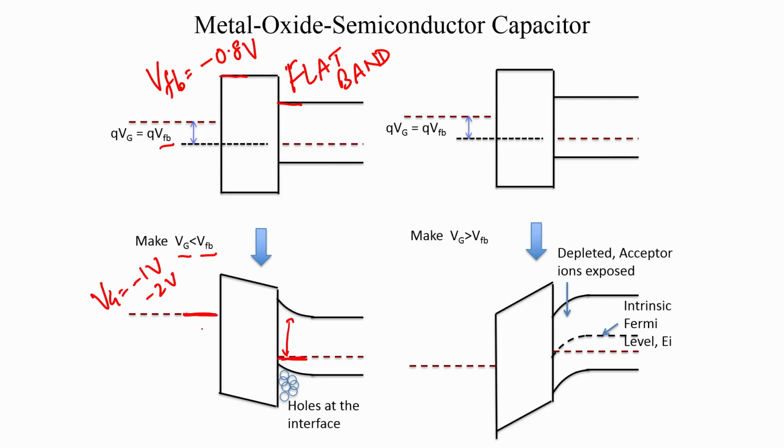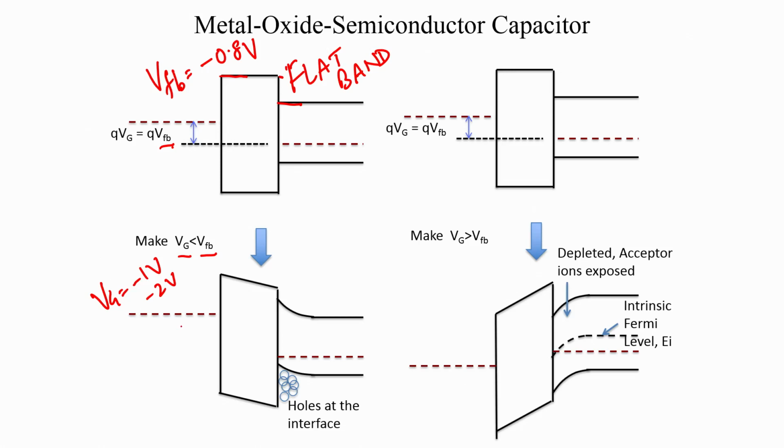The metal Fermi level will start moving further away from the semiconductor Fermi level, and it will increase the energy difference between these two levels. At Vg equal to VFB we were at flat band, and if I make it further negative, then we are again going to drift away from flat band, but in the opposite direction.